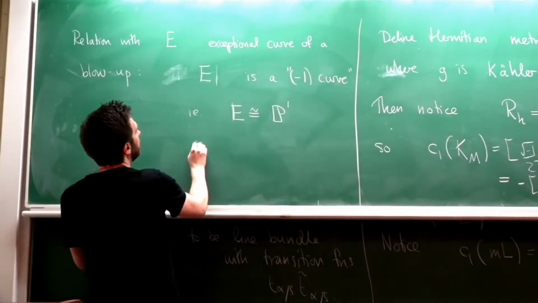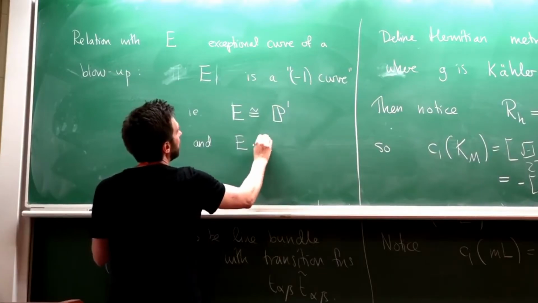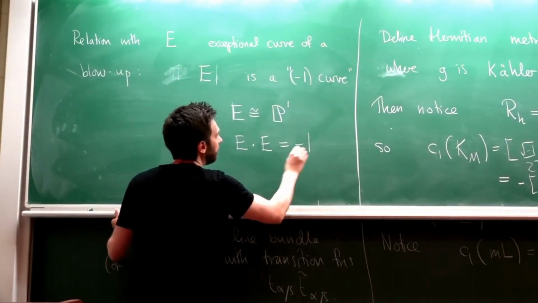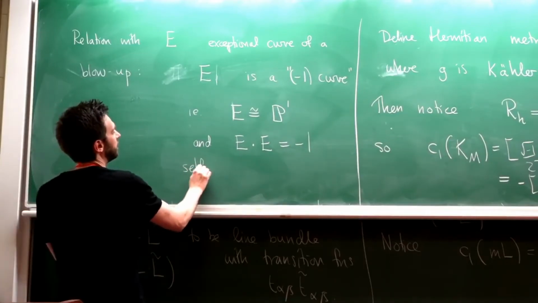We know that already, but moreover, that E dot E is equal to -1. So in other words, it has self-intersection -1.